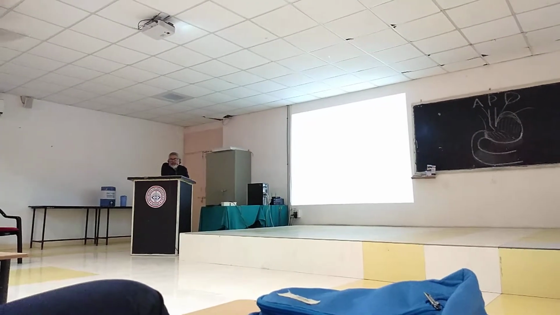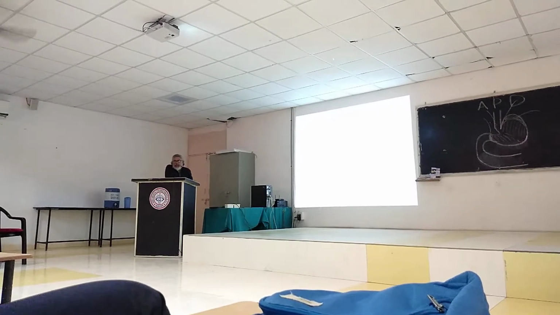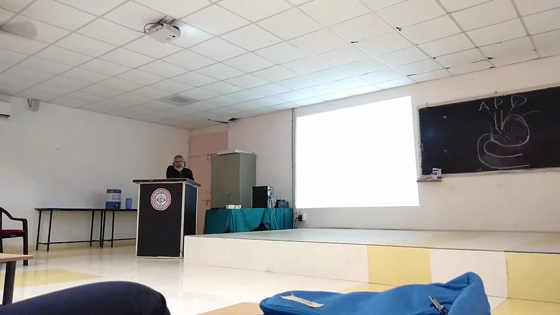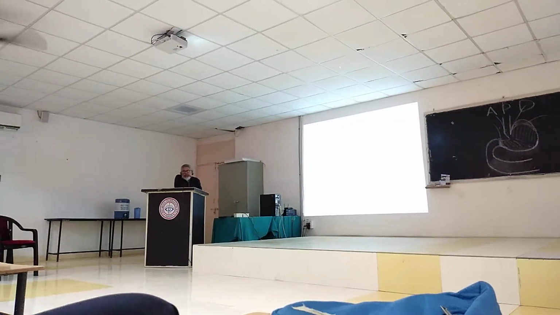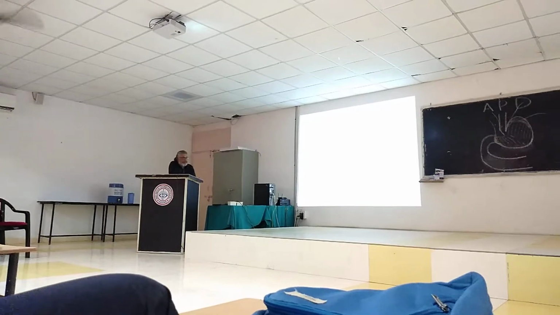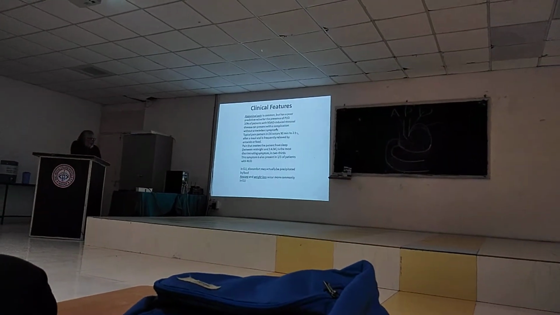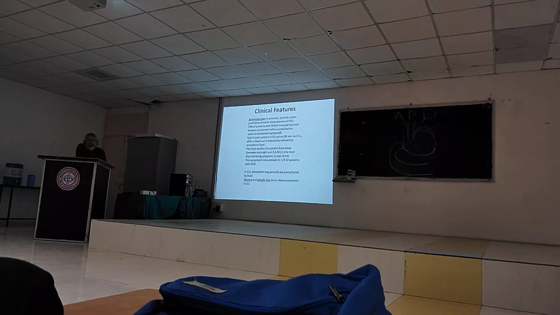If it is perforation, it may have perforation peritonitis or hematemesis, and according to the etiology, we will have the sign and symptom. Initially, the patient will have nausea, vomiting, but it is more common in gastric ulcers.